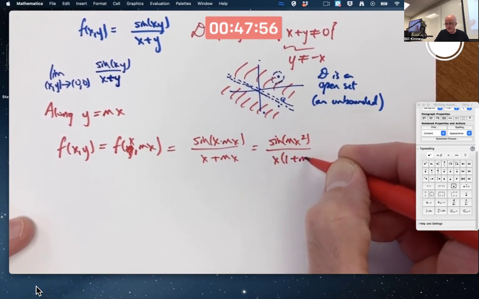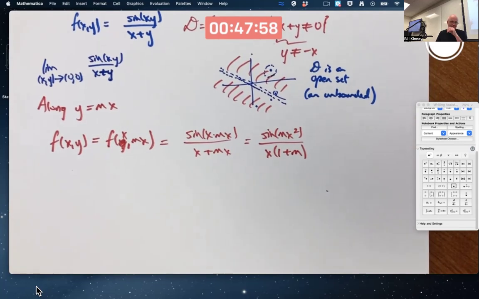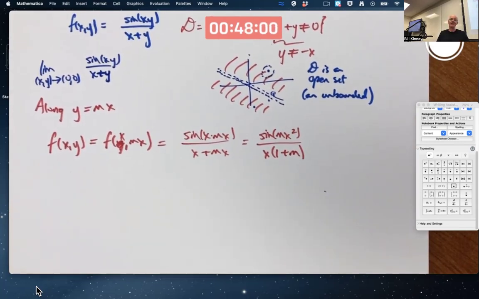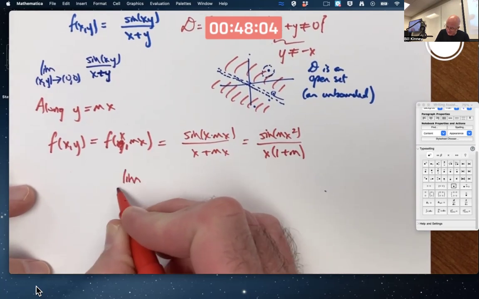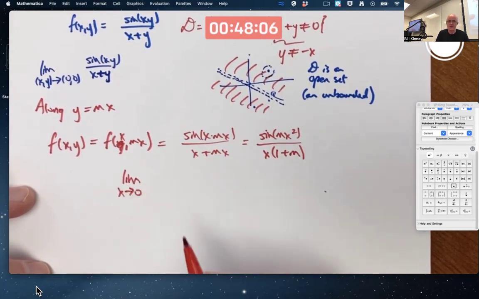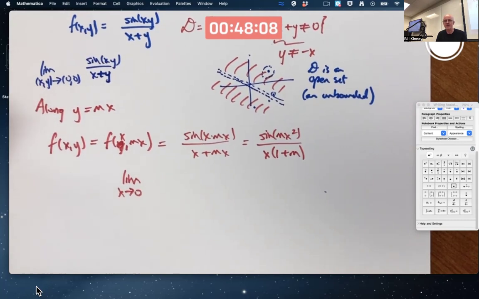That's not so clear. x times (1 plus m). And I could ask, well, what is the limit of this as x approaches 0? For the multivariable function, that would correspond to (x, y) approaching the origin (0, 0) along a line with slope m.